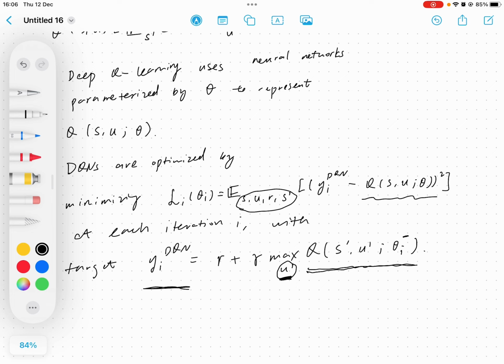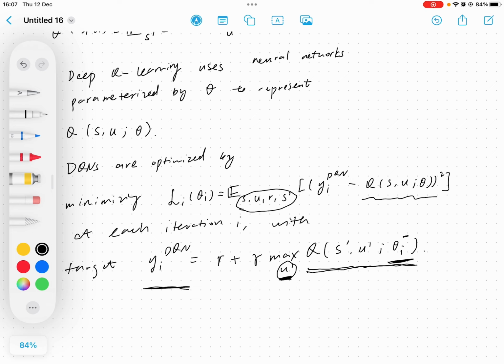Y DQN, and we said that this theta_i has a little minus sign in the superscript. This is simply used for denoting that this parameter theta_i minus is a different set of parameters from theta.